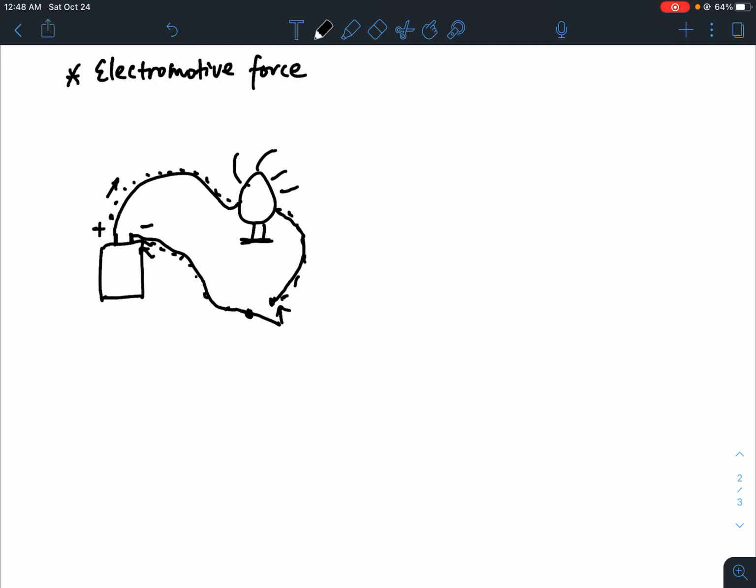Now let us consider a unit charge. The total force that we have is Fs plus E. Here we are really talking about the source.